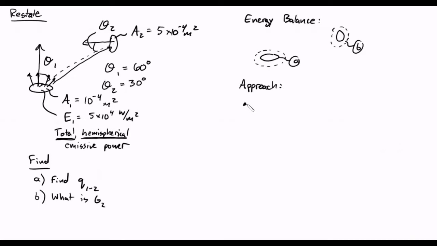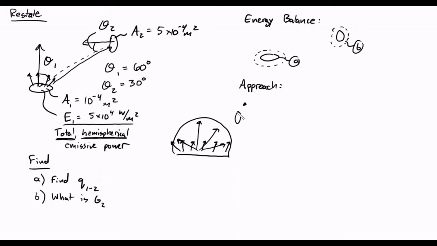Okay, so we know the emissive power for surface 1, but that honestly doesn't help us that much, because the emissive power is just telling us how much energy is leaving per unit area, but then that energy is going to spread out, kind of spherically, in all directions.